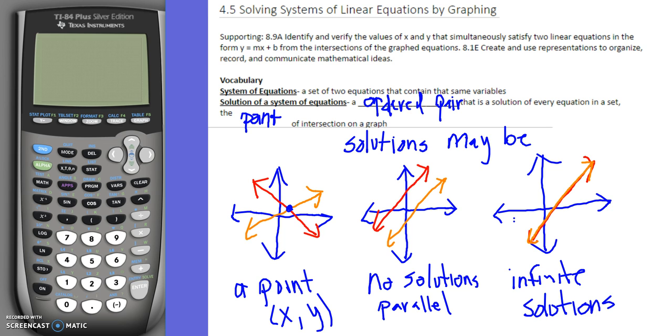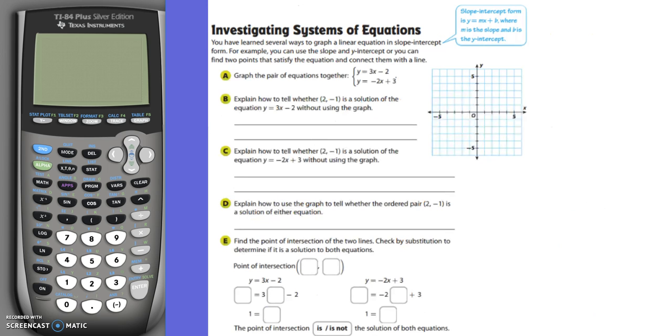Okay, let's take a look at example 1. It says graph the pair of equations, 3x minus 2. Remember, the slope is 3 and the b is negative 2.